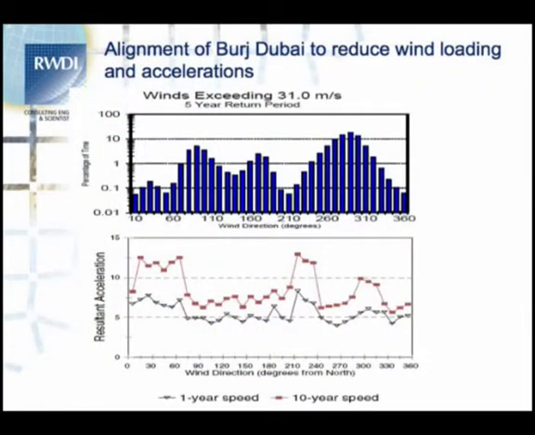This is an example, particularly relating to the accelerations of the building. The top bar graph is a plot of the probability, or the percentage of time, of winds of a particular strength, 31 meters per second, and for different wind angles. Then the bottom plot is the accelerations at the 1 and 10-year wind speeds.